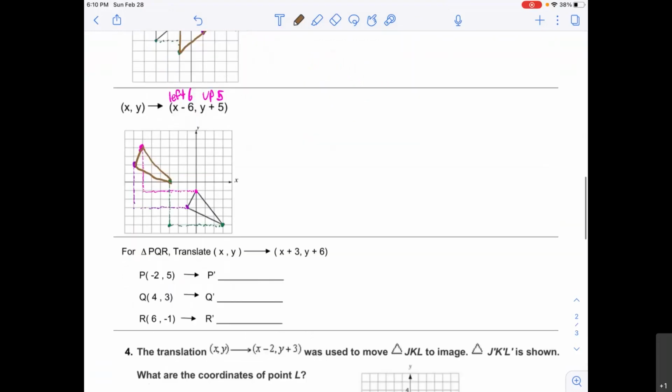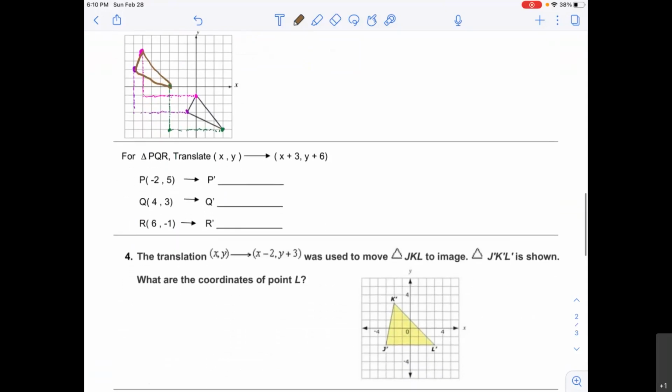The next type of thing we want to be able to do is look at points and say where they would go if we were translating them, but without actually having to translate them. Okay, so let's say that we had a triangle PQR and we wanted to translate it by this rule, x plus 3, y plus 6. If I want to know now where these points would go, I'm just going to use the rule.